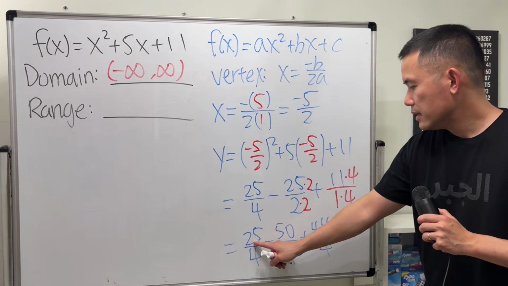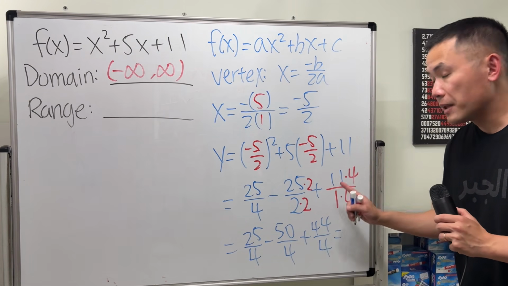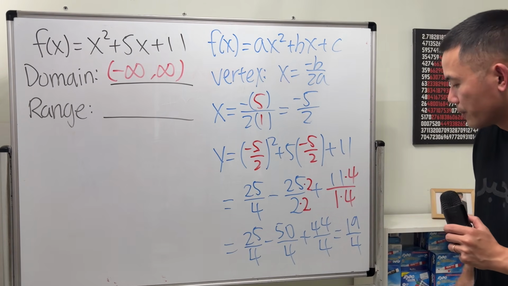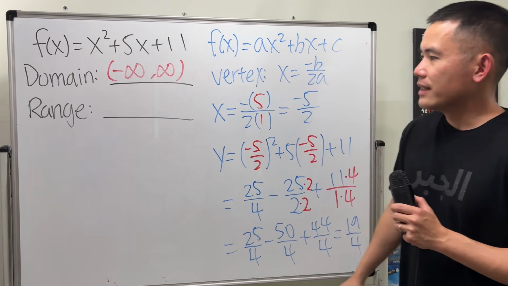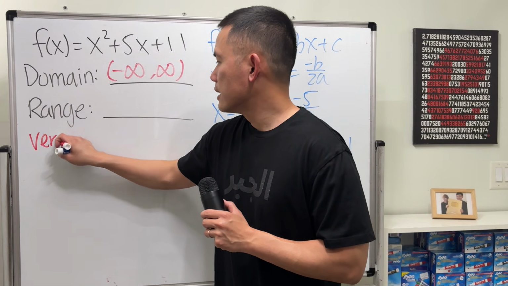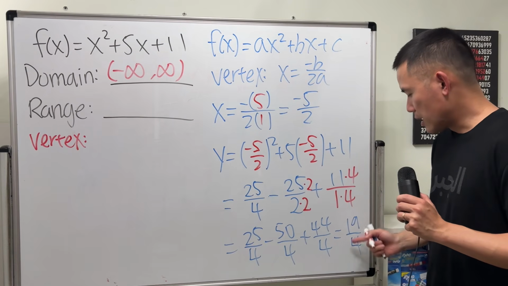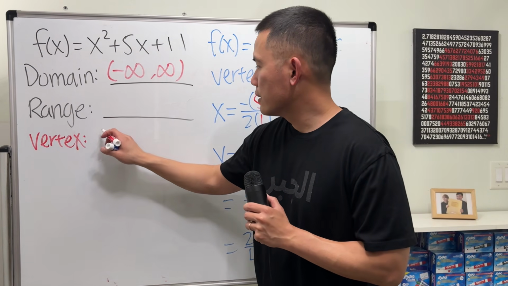Combine the tops. This right here will be negative 25, and then plus 44, we get positive 19, and that's over 4. Alright, that said, we know that the vertex is going to be at negative 5 over 2, comma, 19 over 4.